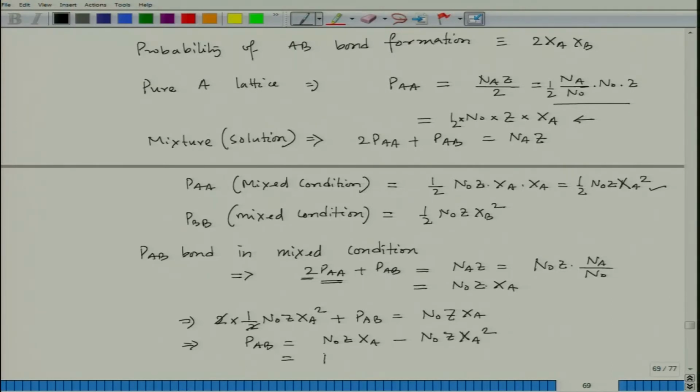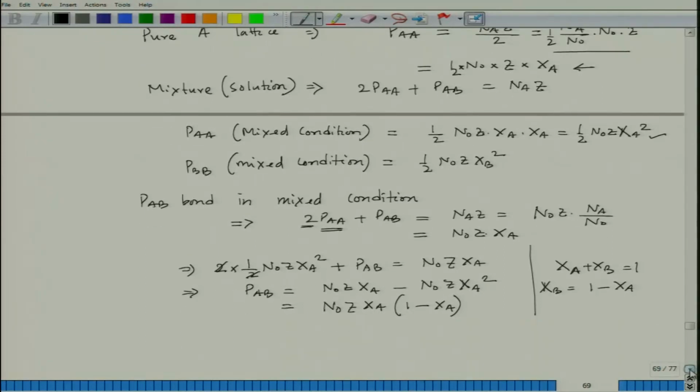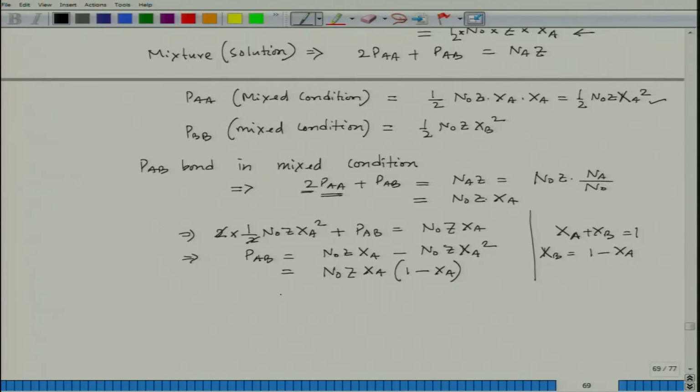So, then it becomes N_0 Z X_A (1 minus X_A). We already know that X_A plus X_B equal to 1, hence X_B equal to 1 minus X_A. So, if I replace that, P_AB equal to N_0 Z X_A X_B.